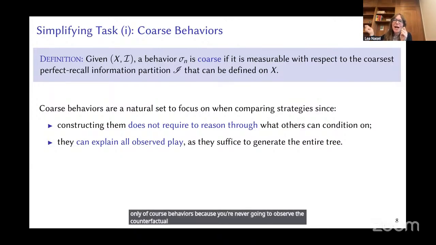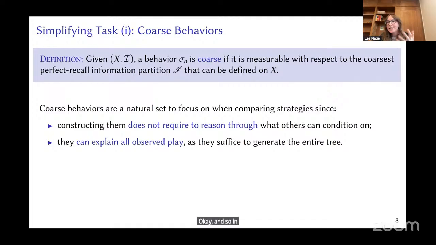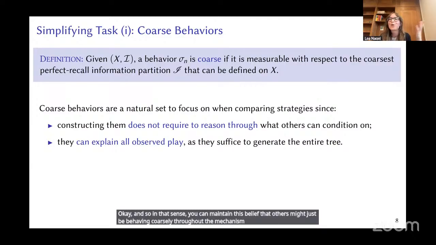So you can always imagine that the others would have submitted the exact same bids in this auction, even if they had seen some information. Okay, and so in that sense, you can maintain this belief that others might just be behaving coarsely throughout the mechanism without ever being forced to wake up that you're missing some contingent behaviors here.